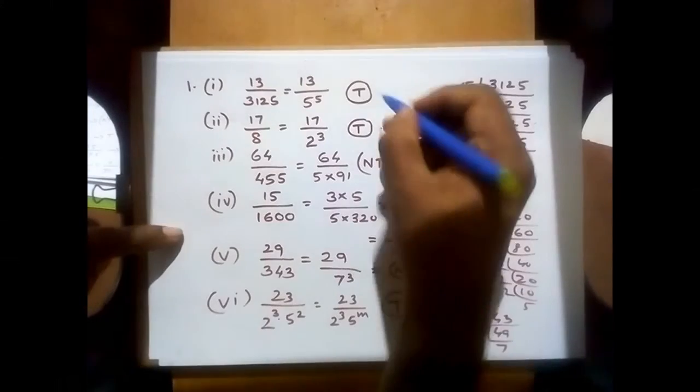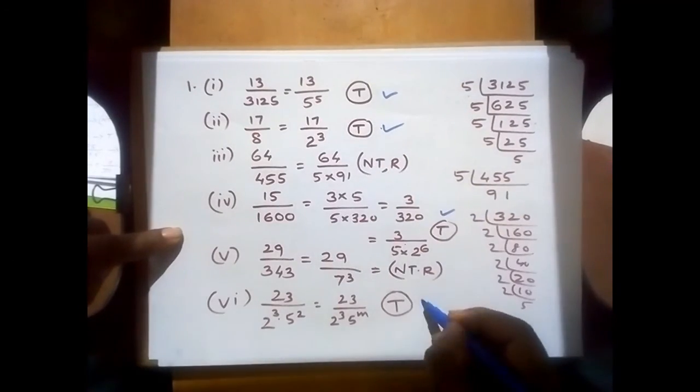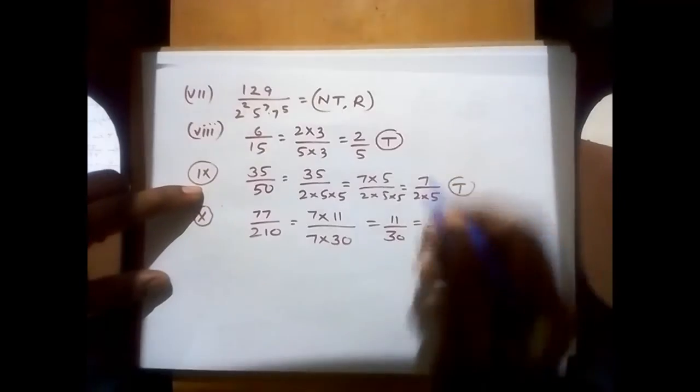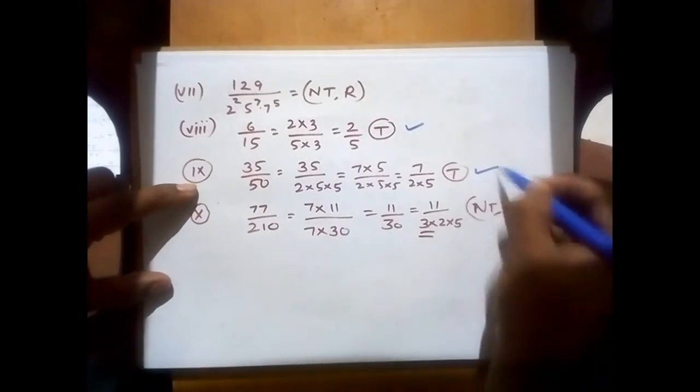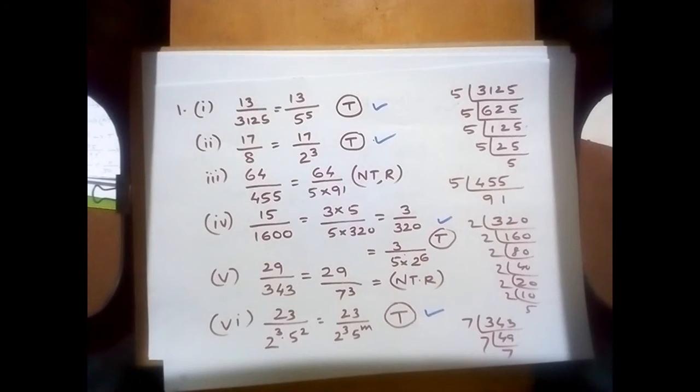So we have this one, again this one, then here terminating. So all these cases we have to take, and we have to find the decimal expansion. So we will take one by one.